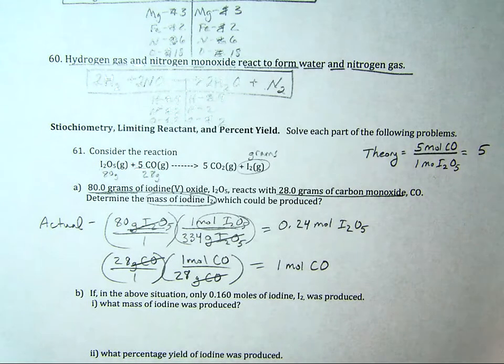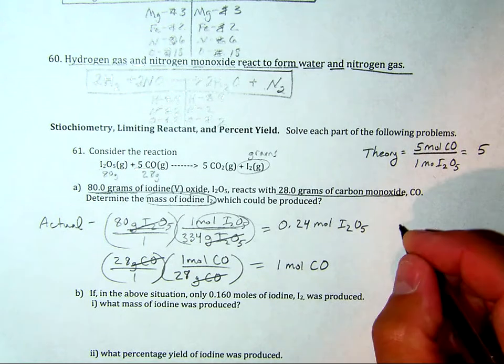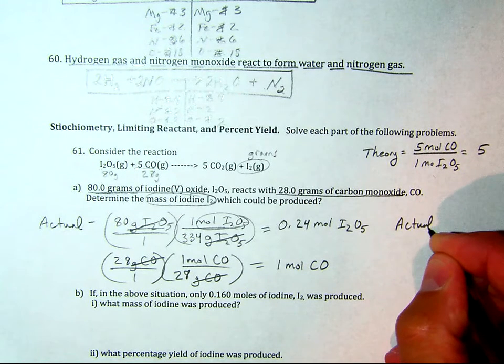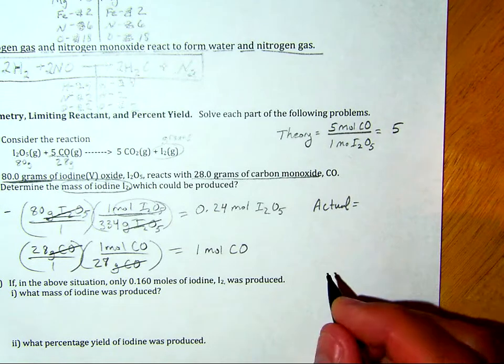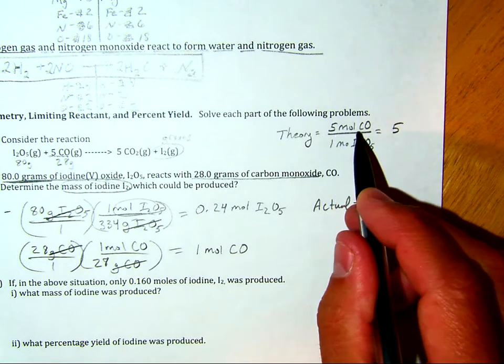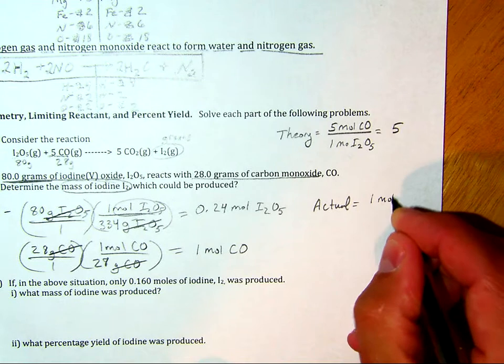Okay. And so now that I have the actual moles of my reactants, I'm going to write actual right here. And we're going to do an actual mole ratio. Now notice how I put moles of CO on top. So my moles of CO better go on top again.